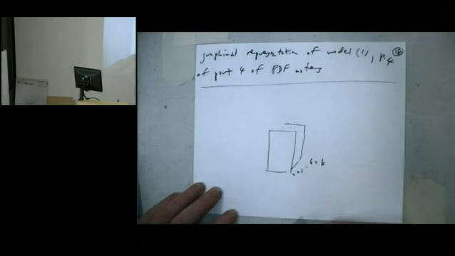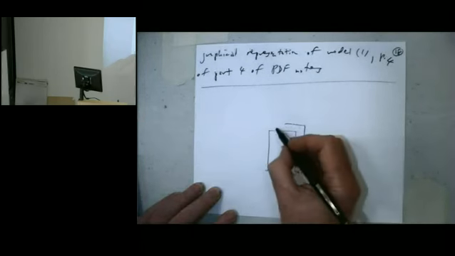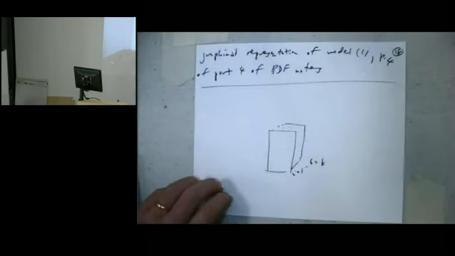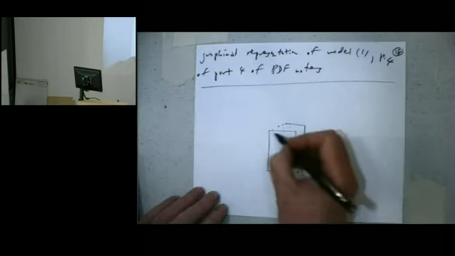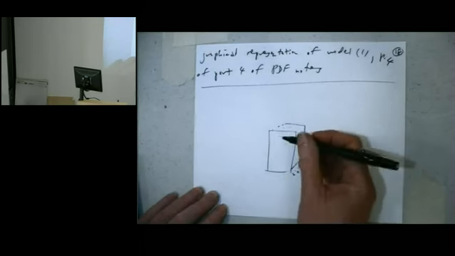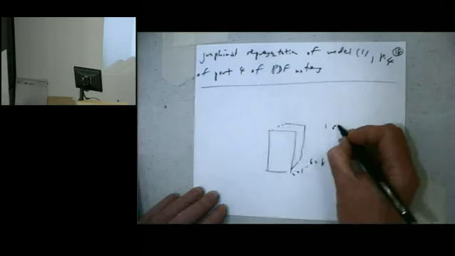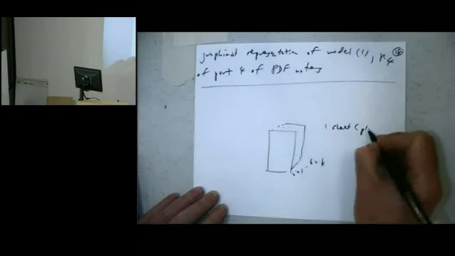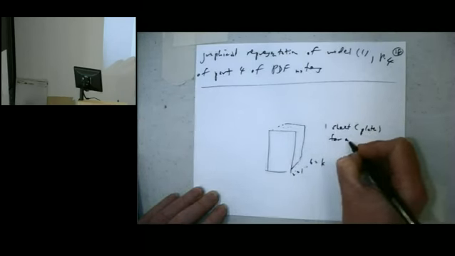I might call it K, which is an unfortunate choice given that we've been trying to use K to stand for the dimensionality of the parameter vector. Okay, and so each of these sheets is supposed to represent what's going on in one particular study. So there's one sheet or plate for each study.